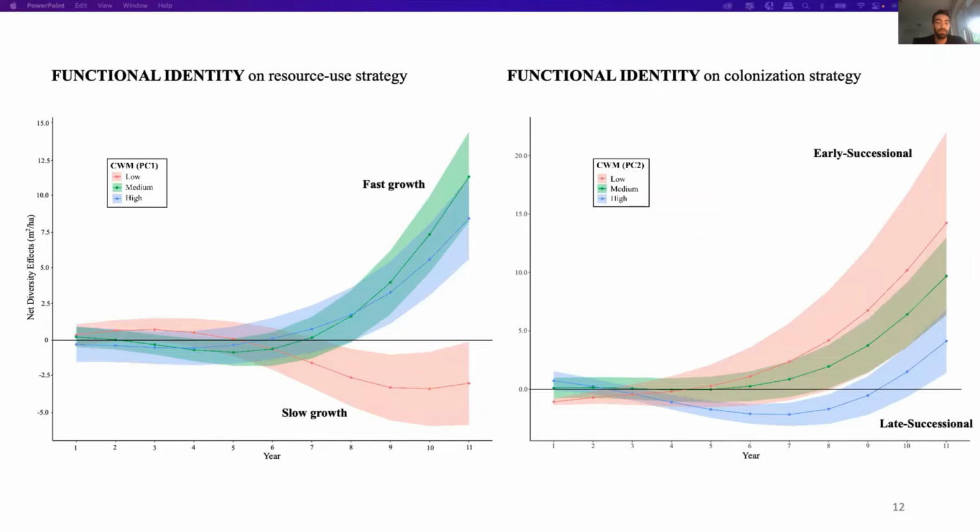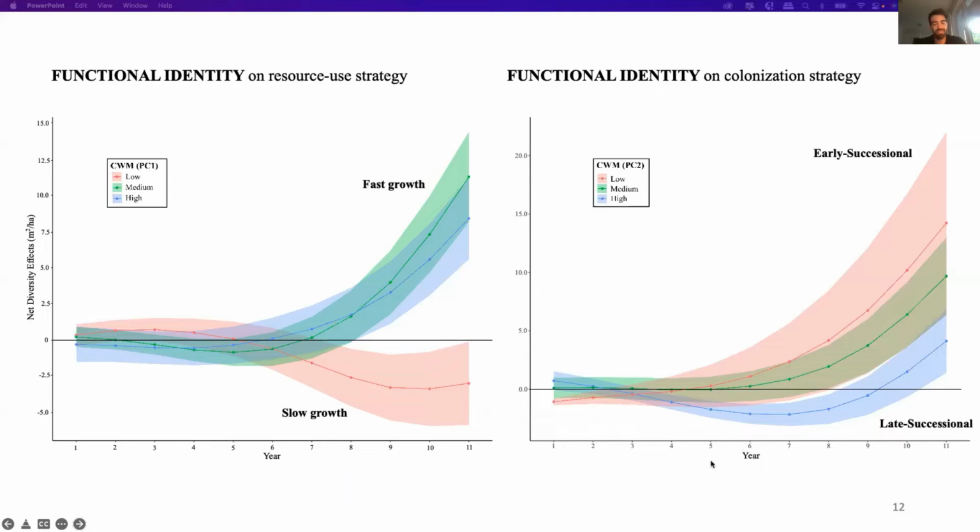We also observed that functional identity was an important driver of the net diversity effects over time. We found that dominance by deciduous, early successional and fast-developing species increased mixture productivity during the first decade of stand development.